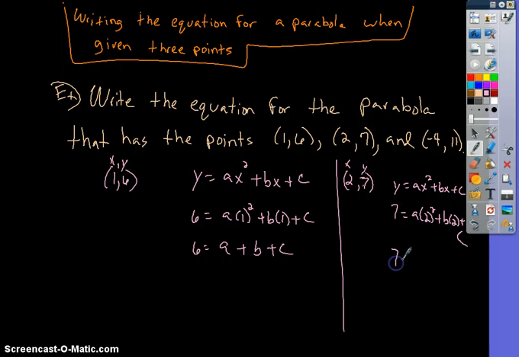And this gives you 7 equals 4a plus 2b plus c. So that's the second equation.